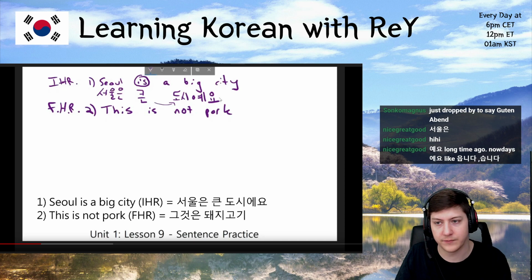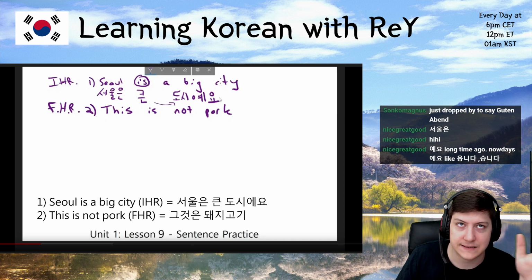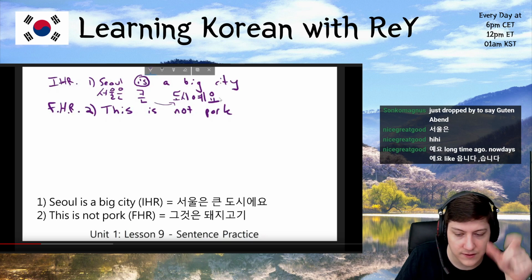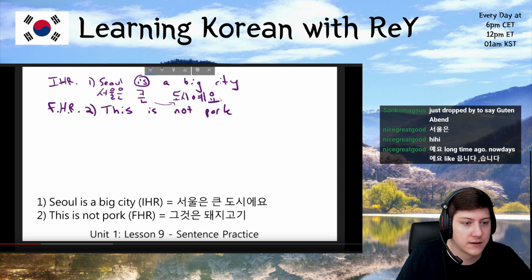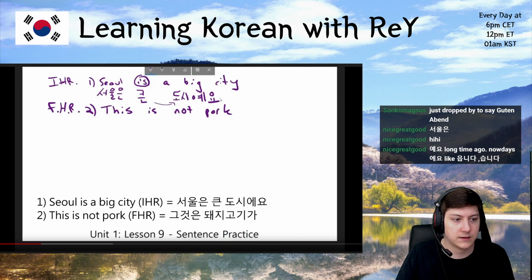We have ida. Okay. So now we just add anida. And that means, since anida is not directly added to the noun, we need a space, and we also need the particle, i or ga. And since pork ends in a vowel, we need ga. And now we can add anida.